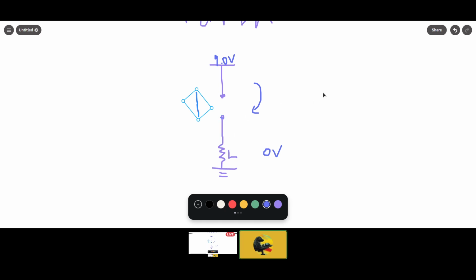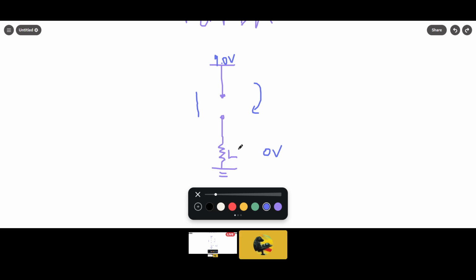To supply something with 0 volts, you can just ground it. But in this case, it's not being fully grounded. So who's to say that the voltage across L is actually 0 volts when the switch is open? And if you're thinking this way, then you should congratulate yourself, because that is what we are going to be talking about here.